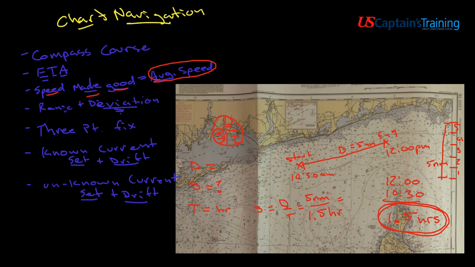Let me get my phone and do this. We have 5 nautical miles divided by 1.5 hours, and it's equal to 3.3 repeating. So let's just say 3.3 nautical miles per hour, which is equal to knots. You hear people talk about knots. So 3.3 knots. Okay, so this is a good example of what chart navigation consists of.